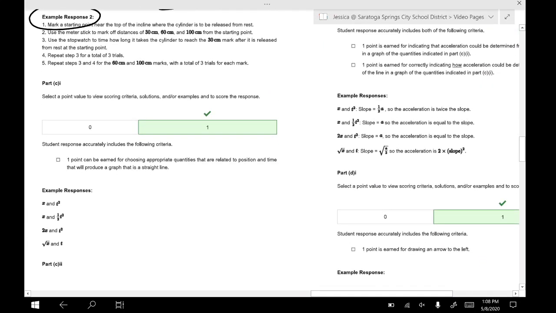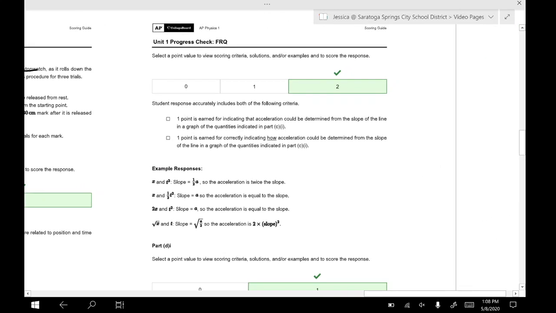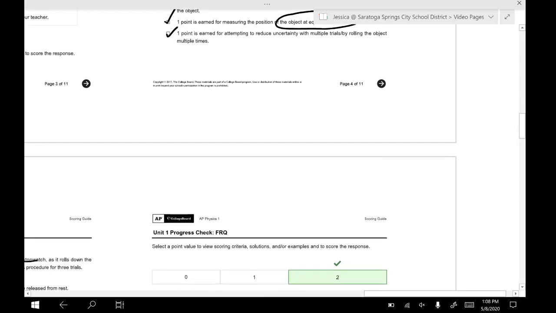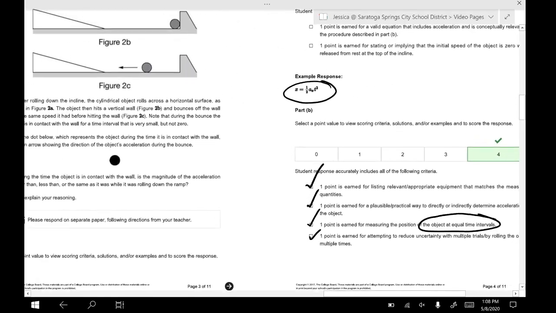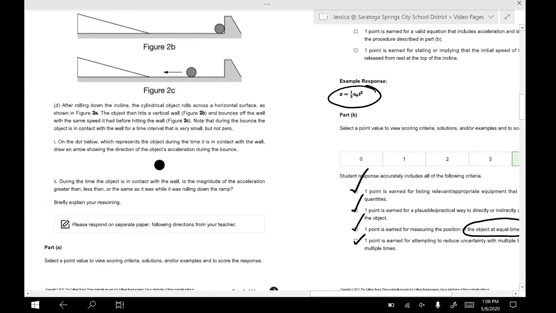So I get 1 point for choosing appropriate quantities. So 2x and t squared, like I said. So I get that 1 point. And then I get 1 point for indicating that it could be the slope and for correctly indicating how the acceleration could be determined from the slope. Okay, so I said just use the slope because acceleration is that 2 delta x over t squared.